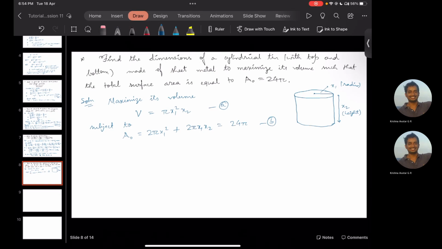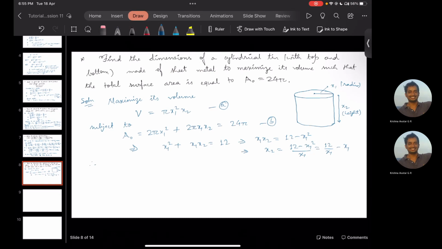Now let's determine x2 in terms of x1, and this helps us simplify our problem. After factoring out 2 pi from both sides, we have x1 squared plus x1 x2 is equal to 12. Let's write x2 in terms of x1. So x1 x2 is equal to 12 minus x1 squared, and this implies that x2 is equal to 12 minus x1 squared, divided by x1. And this is given by 12 by x1 minus x1.